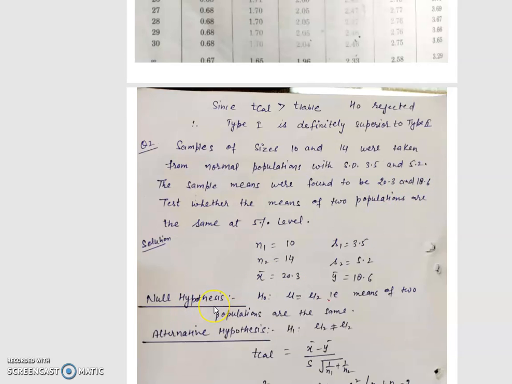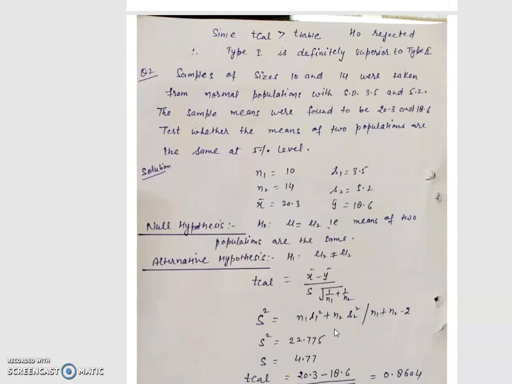Assume null hypothesis H0: mu1 equal to mu2. That is, in the starting we are saying here means of two populations are the same, and alternative hypothesis mu1 does not equal mu2. Alternative hypothesis is the complement of null hypothesis. Substitute all these values in T calculated.